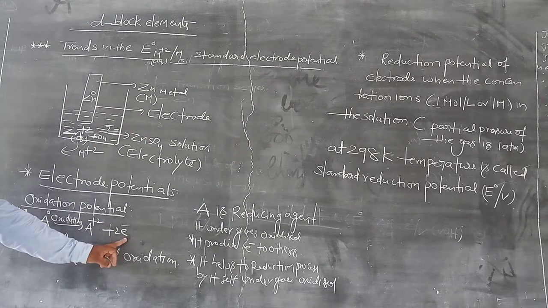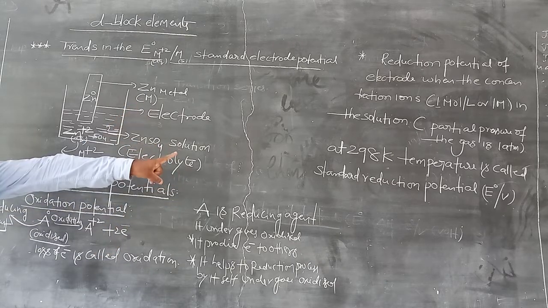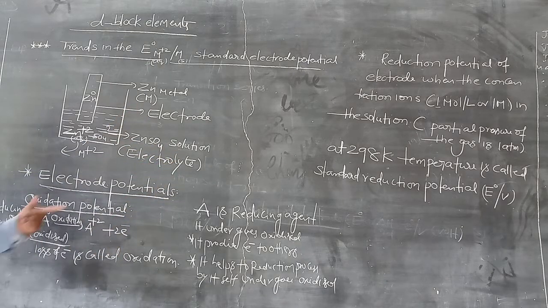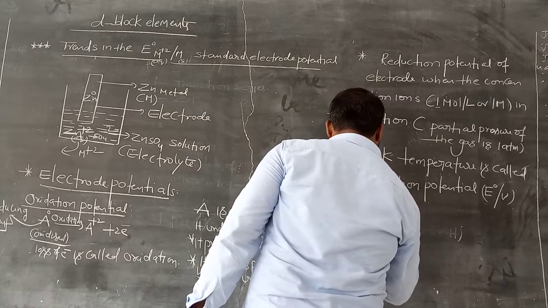It releases the electrons, and other substances gain these electrons and undergo reduction. So it helps reduction. That phenomenon is called a reducing agent.